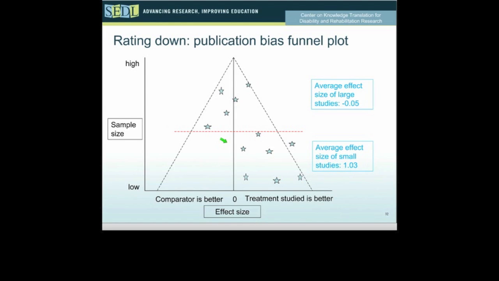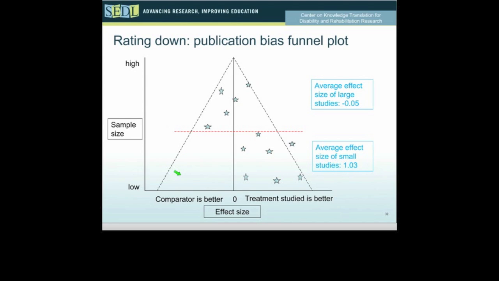Small studies that show the comparator to be, surprise, better than the treatment. Quite possibly these studies were suppressed, were never published.